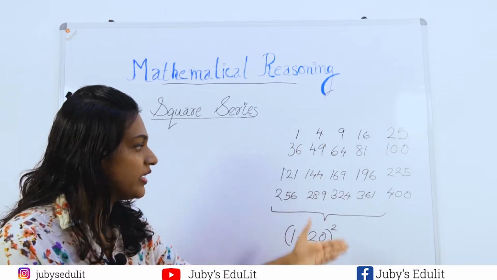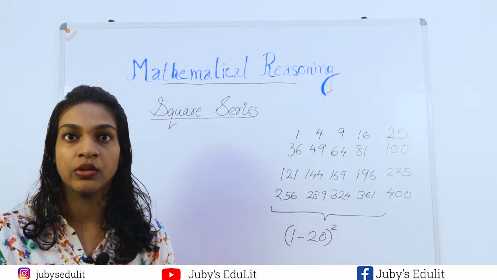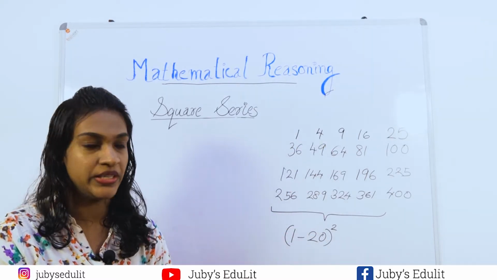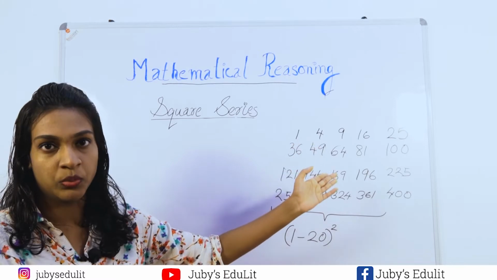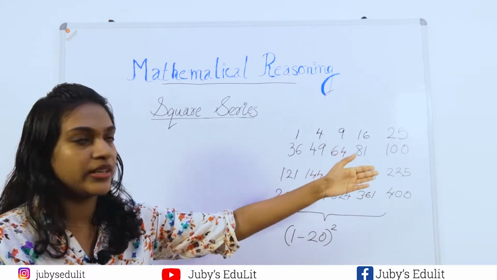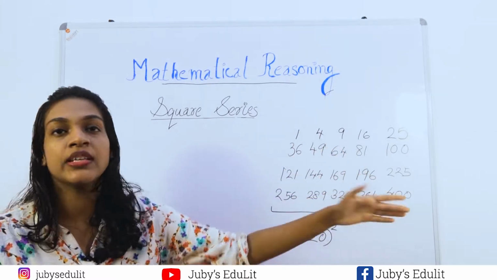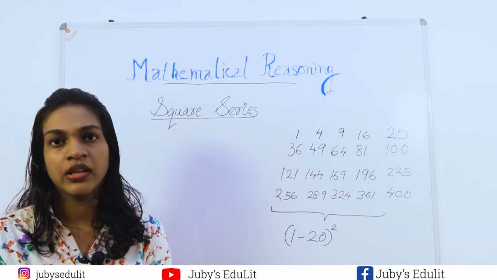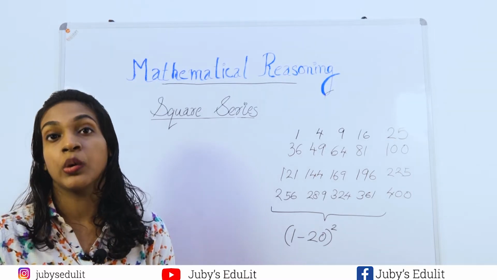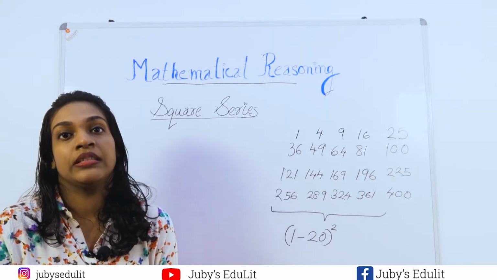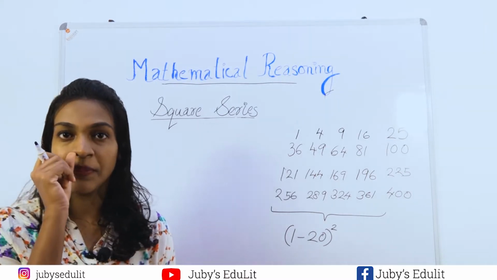I've already written here the square series of each of these numbers from 1 to 20, and it goes like 1 square is 1, 2 square is 4, 3 square is 9, and it goes up to 20 square, which is 400. Now let's see a question, how does this come for the exam?